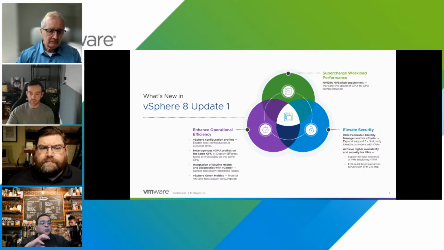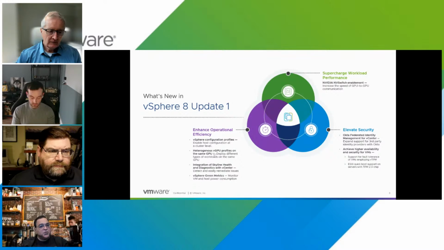So because of this, as part of vSphere 8, we launched support for DPUs. GPUs obviously were supported for a long time earlier, but now specifically around 8 Update 1, there are additional enhancements that were added from a GPU standpoint, and then one for operational for the admins as well for heterogeneous vGPU profiles.